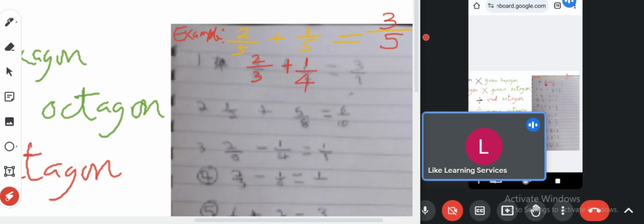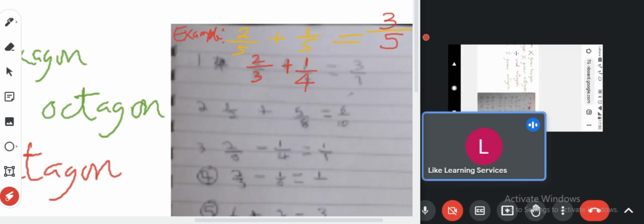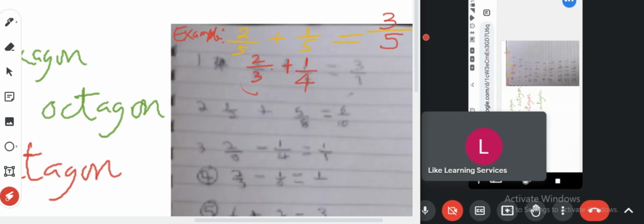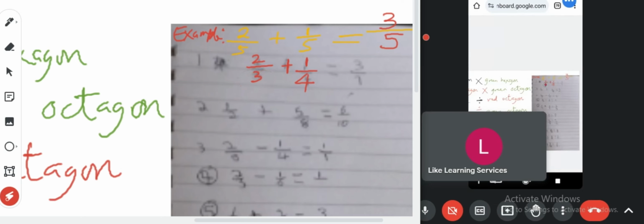Let me listen to you. Add 1, okay, you add 1 to 4, right? What you're saying is we add 2 to 3 to make it 5, and we add 1 to 4 to make it 5, so that the denominators will be the same. Is that what you said? Right. Okay.